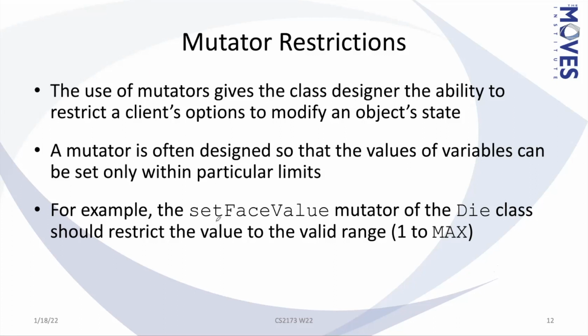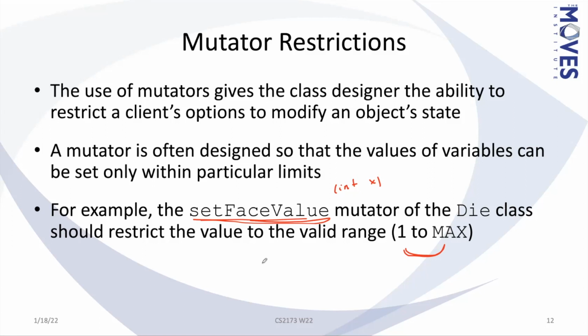Now the reason why the book had this setter, I think, was just to have this example. If a die could only have values 1 to max, and you're going to allow somebody to cheat and just set the value, then the argument to the setter, in this case, would be an int. You would pass an integer value to this die, and the setter would set the number of dots to that value.